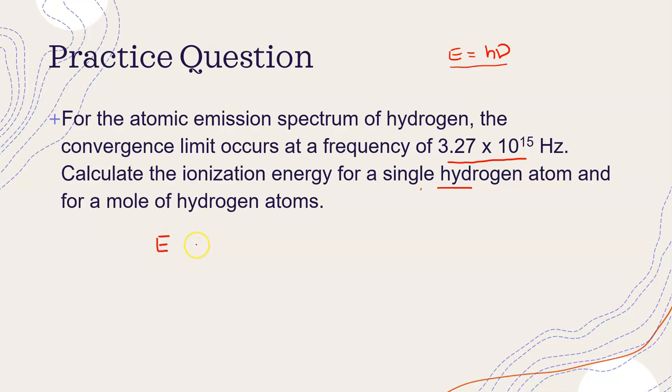So the energy for the ionization of 1 atom is going to be Planck's constant, which we get from our data booklet, 6.63 times 10 to the negative 34, times the frequency of the light that we get from the question, 3.27 times 10 to the 15 Hertz. Then we just multiply these in.